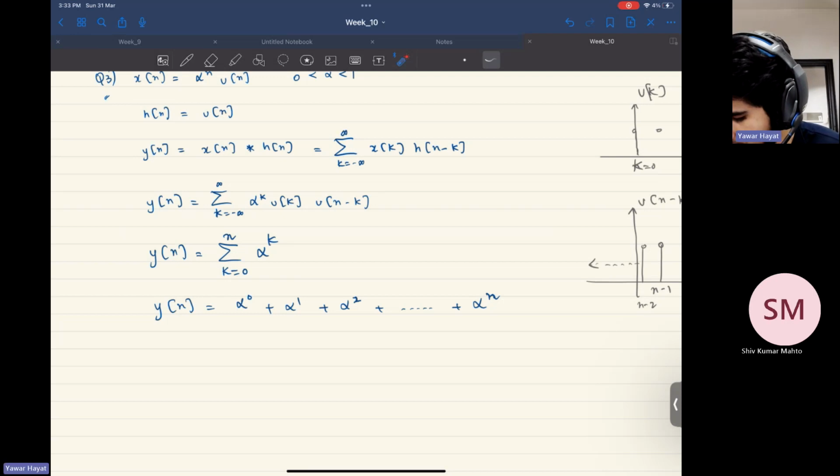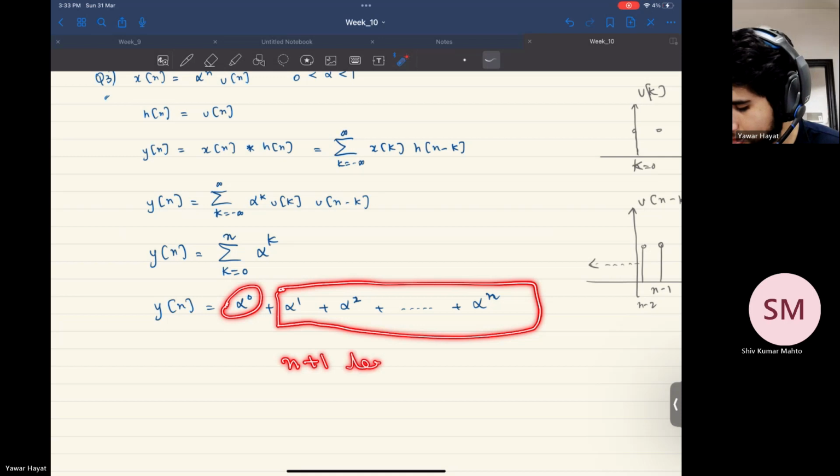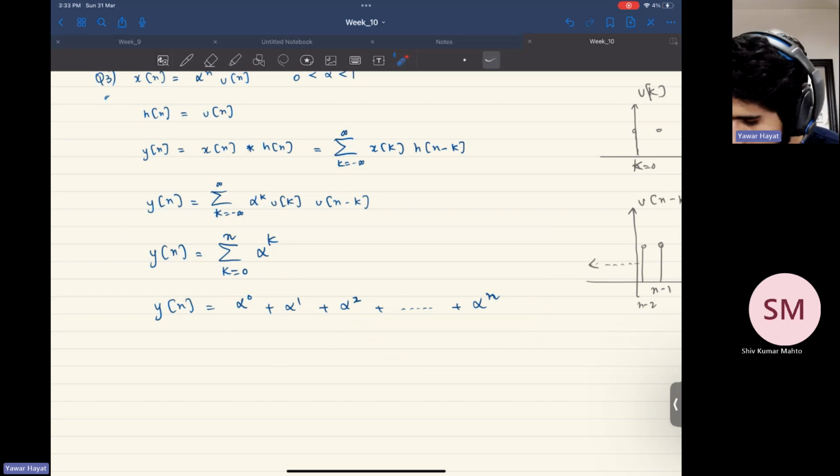I'll start from here: alpha raised to the power 1, alpha raised to the power 2, until alpha raised to the power n. These are n terms, and then you have 1. So I have n plus 1 terms, right? Is that clear?